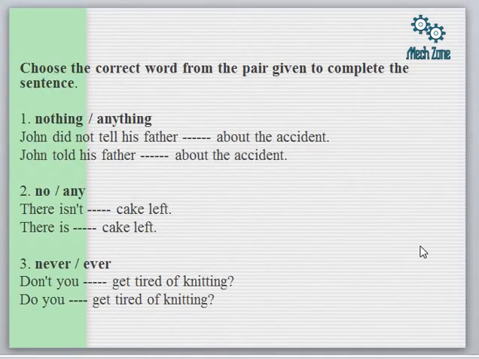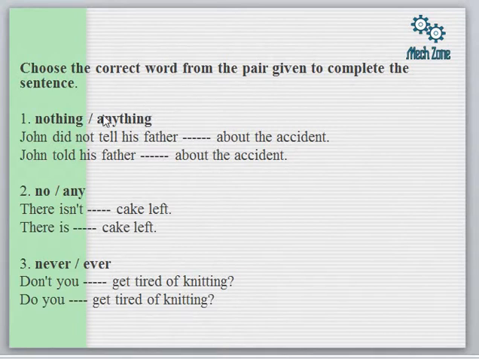Okay, we now come to an exercise where we will be using these negative words in the sentence. In the first question, the two words, that is nothing and anything, have been given. And out of these two sentences, one will have nothing as the answer and the other will have anything as the answer.